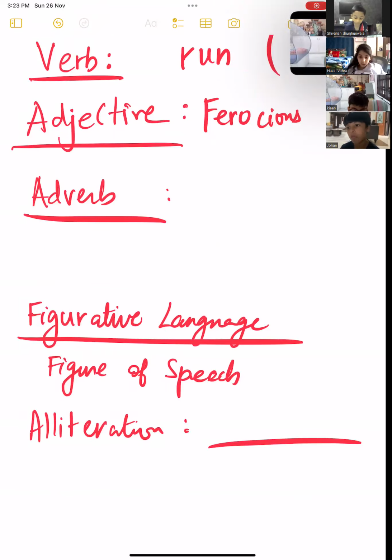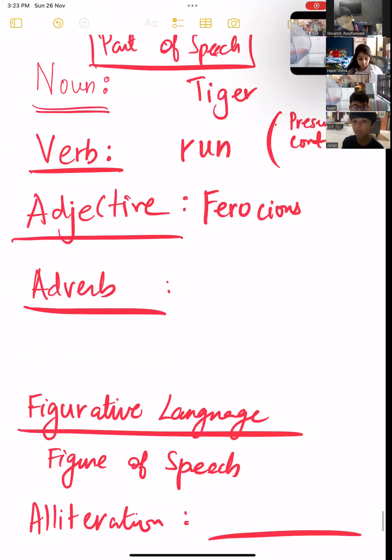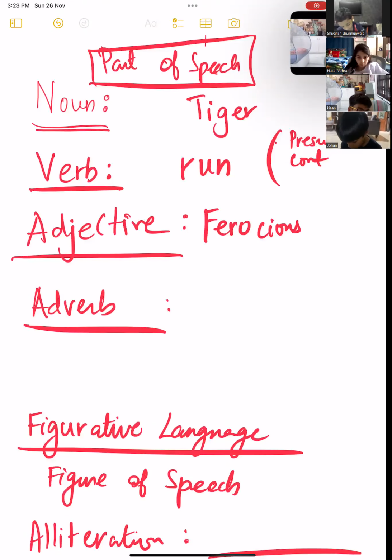But ferocious is not working with tiger. What should I do? You know what I'll do, children? I'm going to go on Google and write synonym for ferocious. There would be a lot of words, but I am looking for just a word starting with T, because tiger starts with T, right?